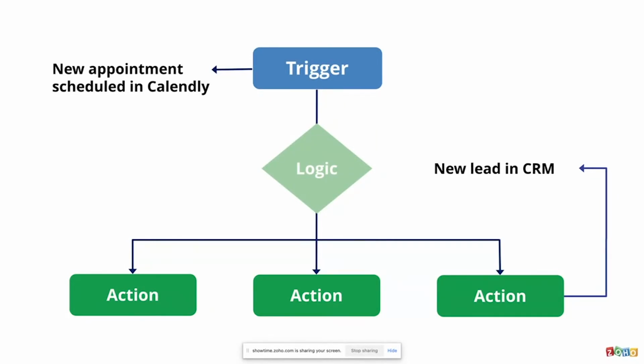But let's say we have a scenario where there are multiple users, and we will have to assign the lead to one particular user based on the user selected in the Calendly appointment. We can use the decision where the username can be set up in the decision, and we can have three different create lead actions where the exact user would be mapped to that particular appointment.